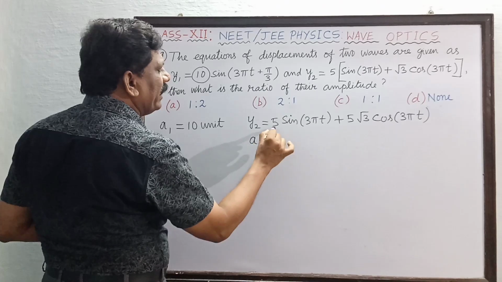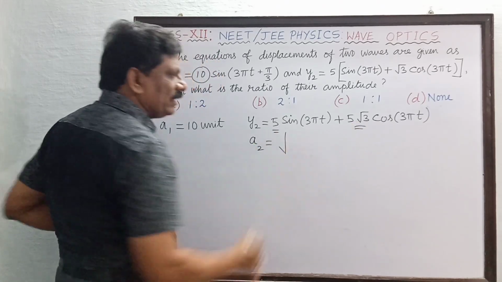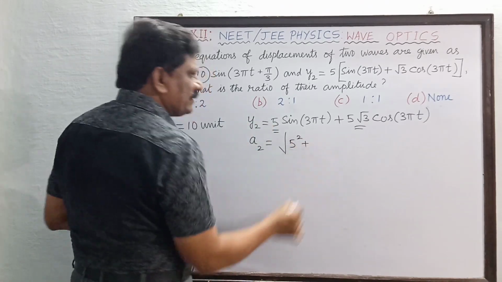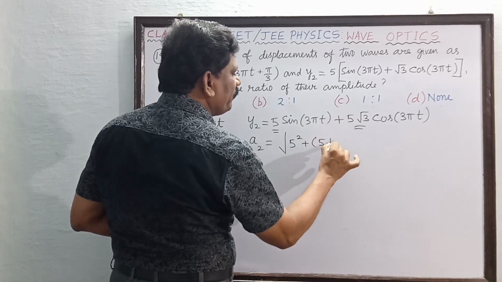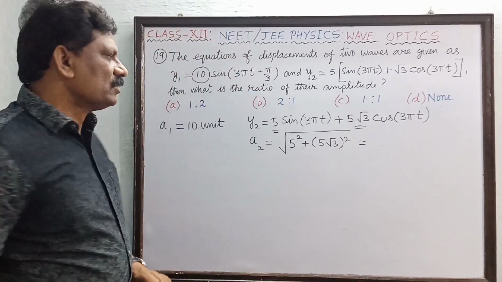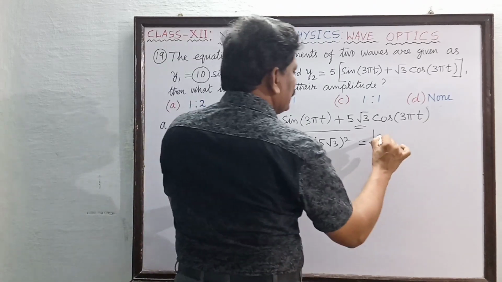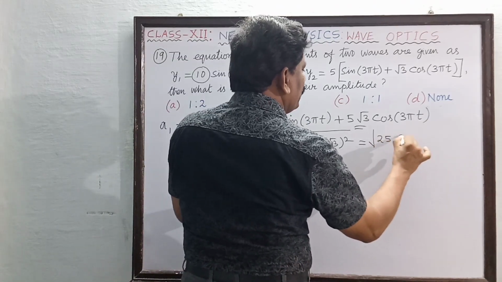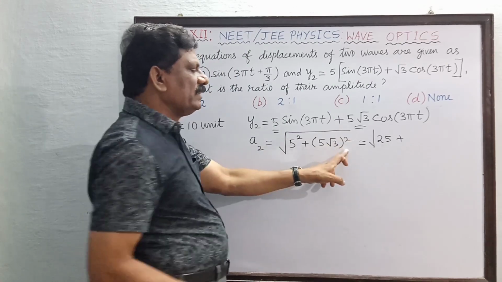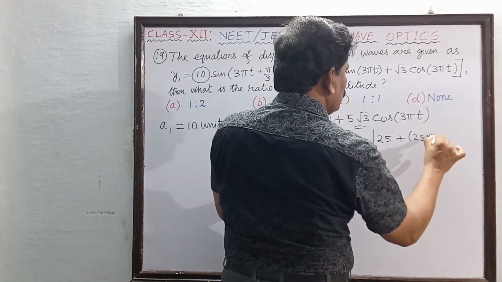Now the amplitude A2 is equal to square root of this 5 square plus 5 root 3 the whole square. We have to find it like this. So this is equal to square root of 5 square, which is 25, plus 5 root 3 the whole square, which is 5 square into 3, so this is 25 into 3.